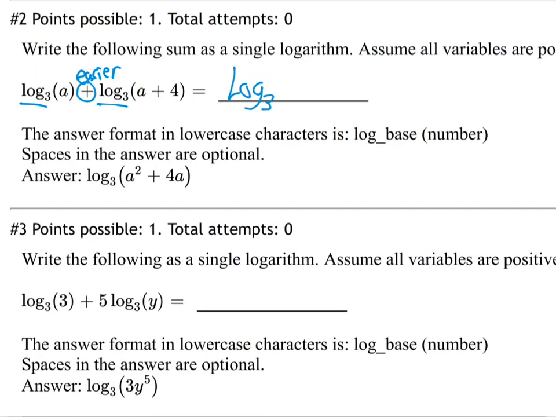On this one, they both have log base 3, so we're never going to change the log base. That always stays the same. And now it's going to become a times a plus 4, because it becomes multiplication, a harder operation. Adding and subtracting are the easy operations.